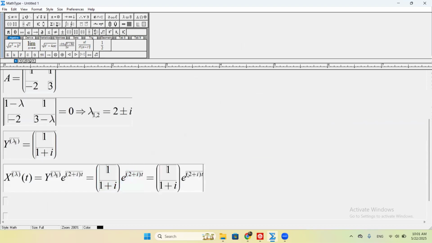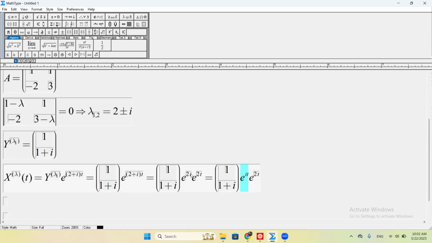So here I have e to the power of 2i, multiplied by e to the power of 2t. What will e to the power of it be equal to?